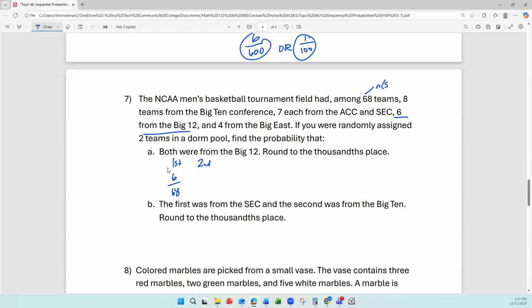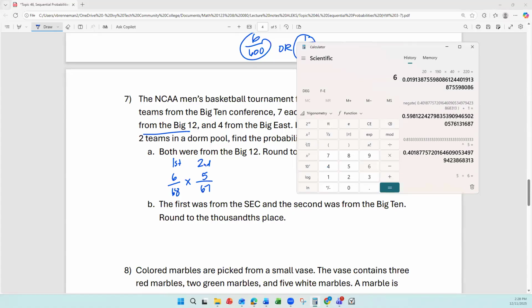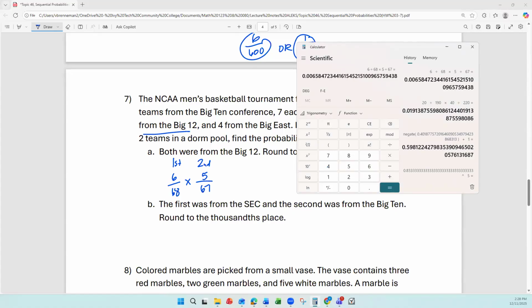Then the second, given that, assuming already that the first was from the Big 12, then the second, there's now only 5 left from the Big 12 and 67 left to choose from. So 6 over 68 times 5 over 67. 0.007.